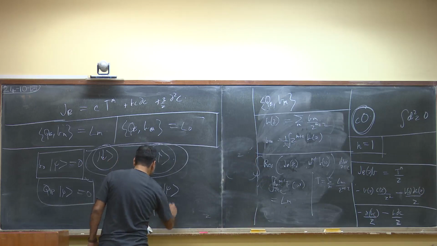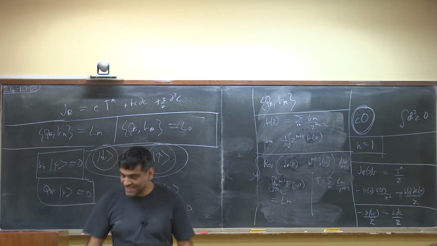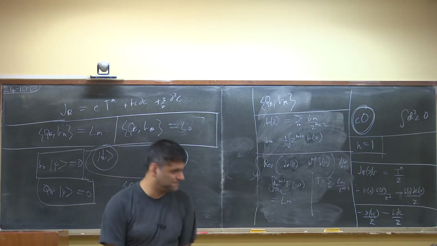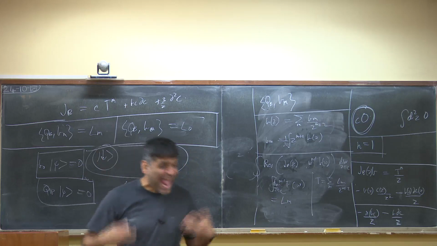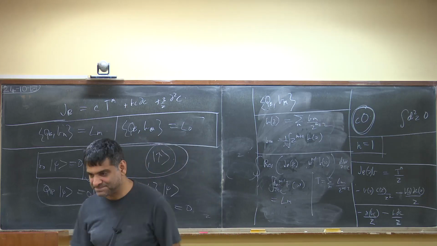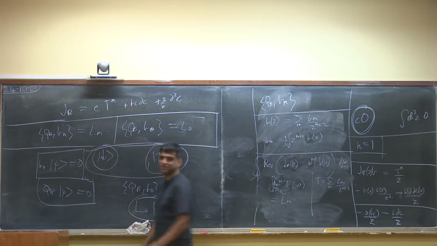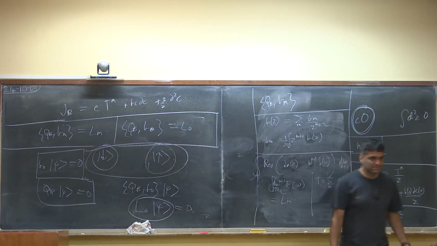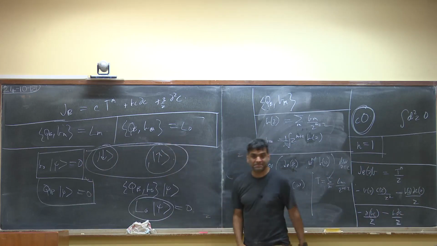So we have L0 on psi is equal to 0. So if a state is annihilated by both B0 and the BRST charge, then it is annihilated by L0. That follows from this algebra.